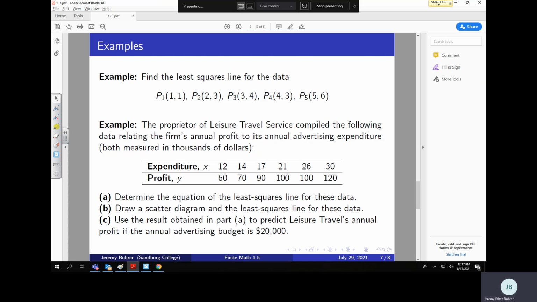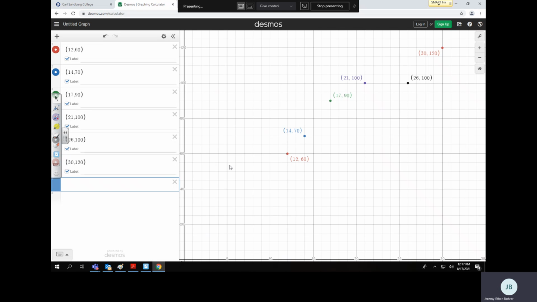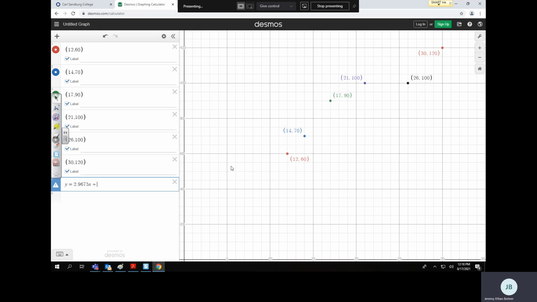So that's the second thing we want to do. We want to draw a scatter diagram and a least squares line for these data. Well, I've already done a scatter diagram here in Desmos. So now I'm going to put in the line. Y equals 2.9675x plus, and double check that number, 30.65.